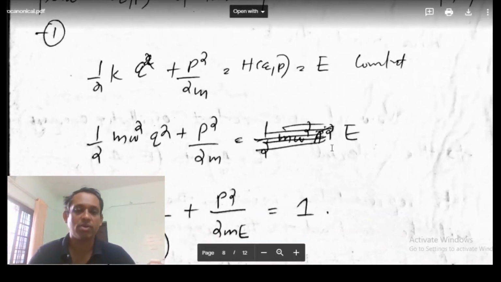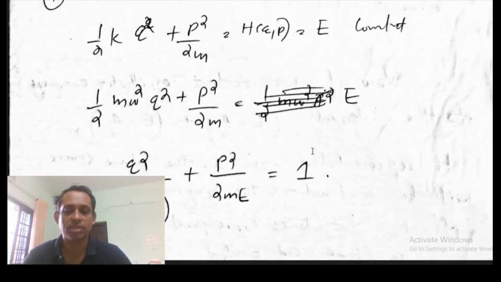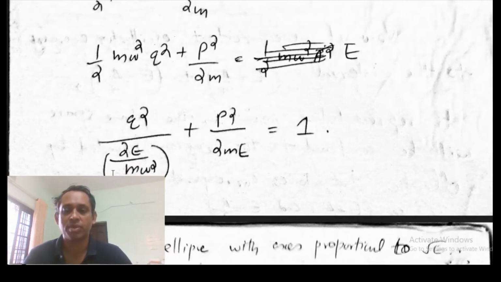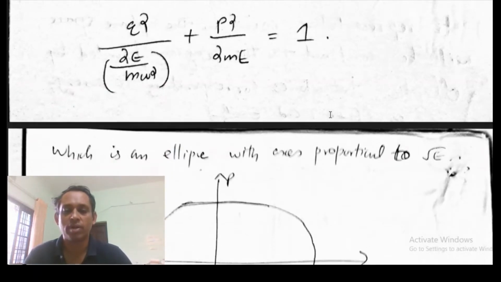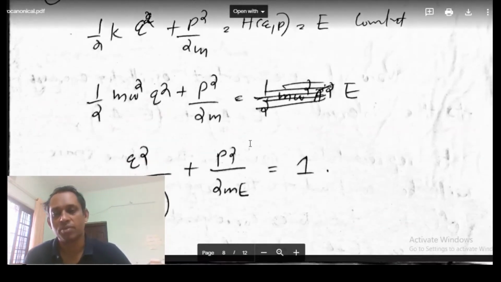Taking E to the left hand side, this can be written as q square upon 2E by m omega square, plus p square upon 2mE, equal to 1. This is the equation of the one-dimensional harmonic oscillator.